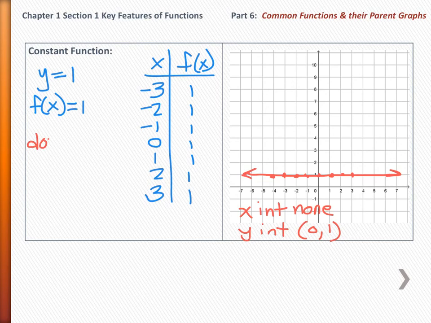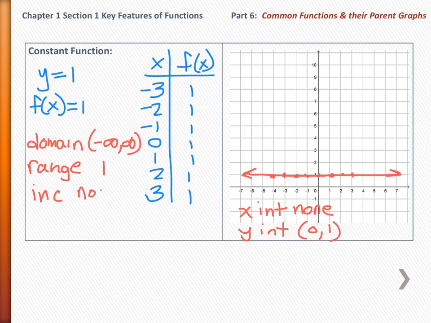The domain is completely unlimited. And the range is 1. So it really doesn't have a minimum or maximum. It's always going to be a 1 out. In terms of increasing, there is none.